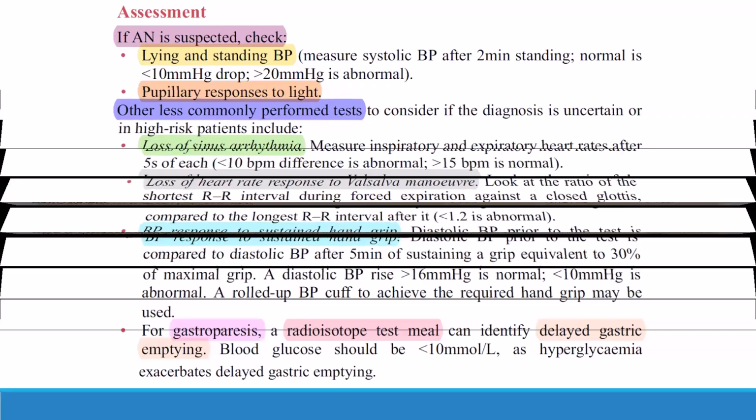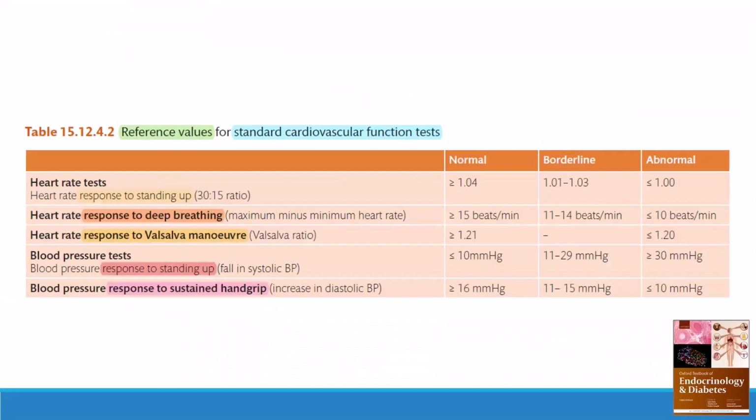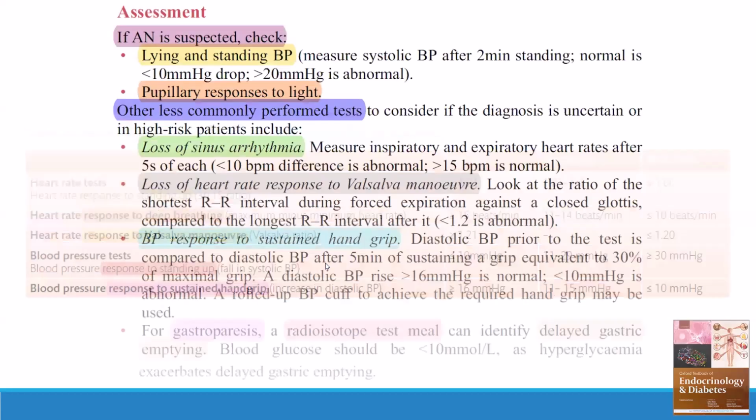But this table from the Oxford book summarizes all tests used for the assessment of autonomic neuropathy: heart rate response to deep breathing, heart rate response to the Valsalva maneuver, blood pressure measurement, and blood pressure response to sustained hand grip, what is normal, what is borderline, what is abnormal, and how to calculate it.